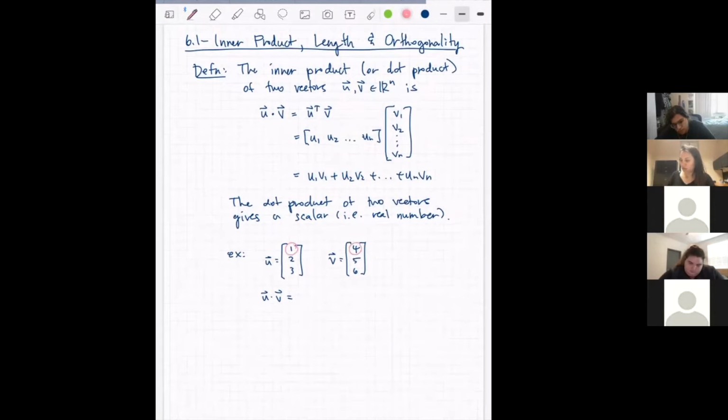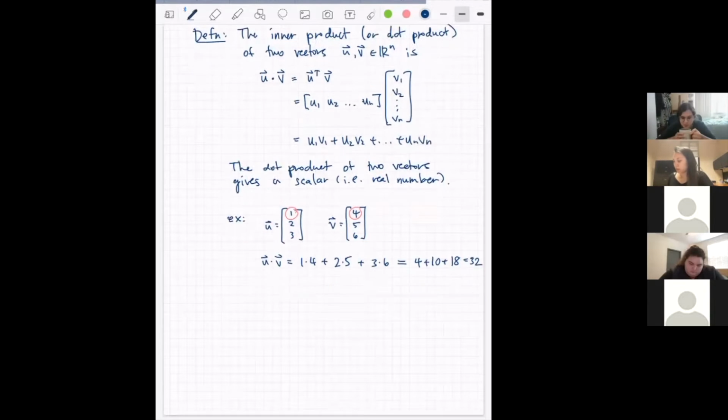So we'll multiply 1 and 4 together, and we add that to the second entries multiplied together, so 2 times 5. And then lastly, the last entries multiplied together, so 3 times 6. And then we add all of this up. So in this case, this is 4 plus 10 plus 18, which sums to 32, I believe. Yeah, so this is how we compute the dot product.